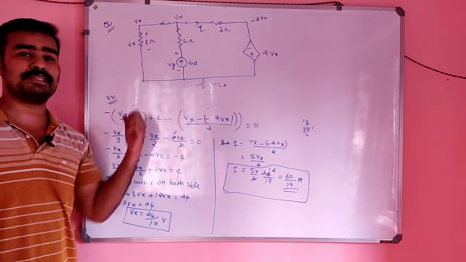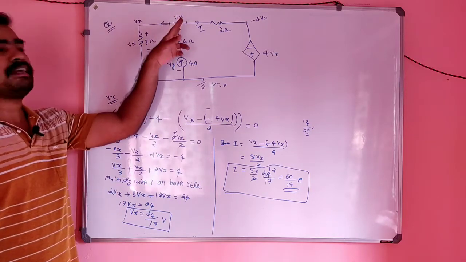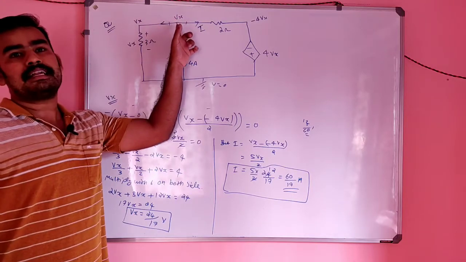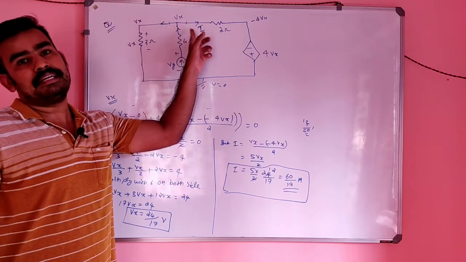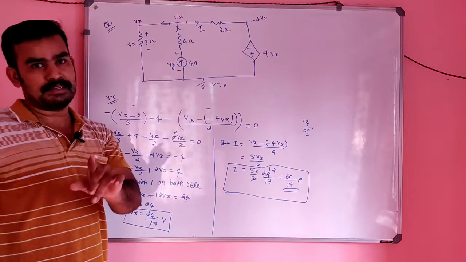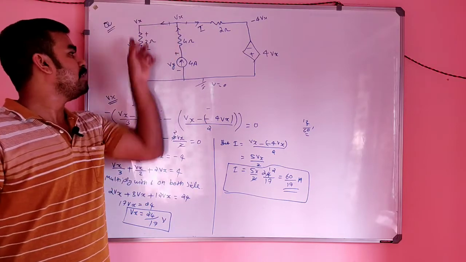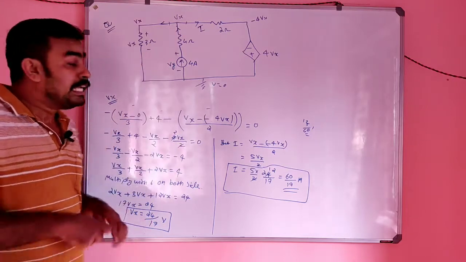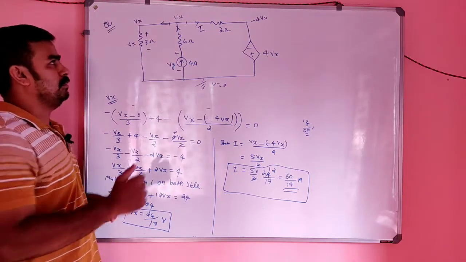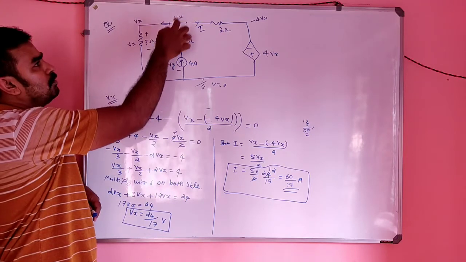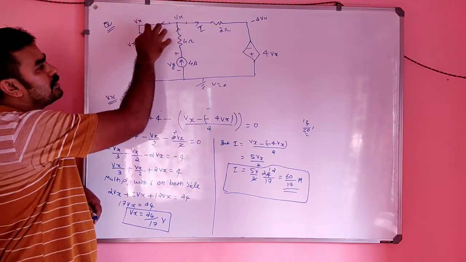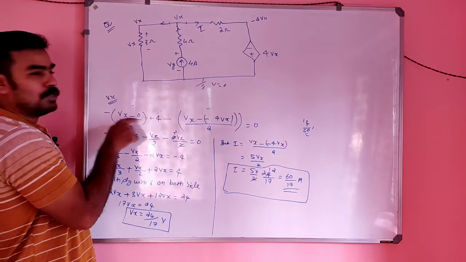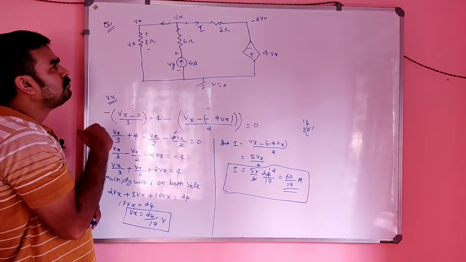Always take the equation for current as the voltage where it starts, written first, minus the voltage where it ends, whole divided by the resistance between them. I will explain again: if you take this current as Vx minus 0 divided by 3, that is also correct, because it is an outgoing current.